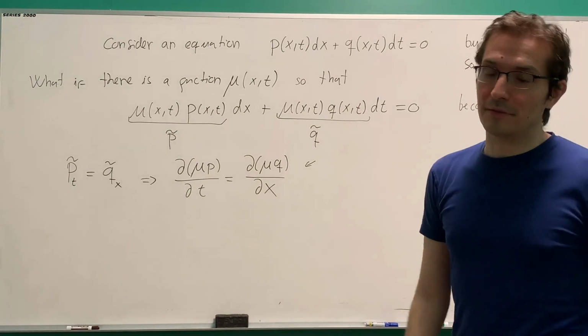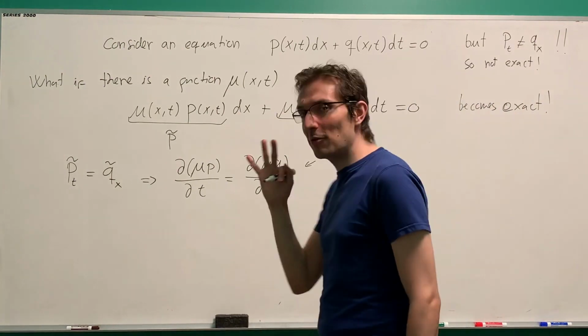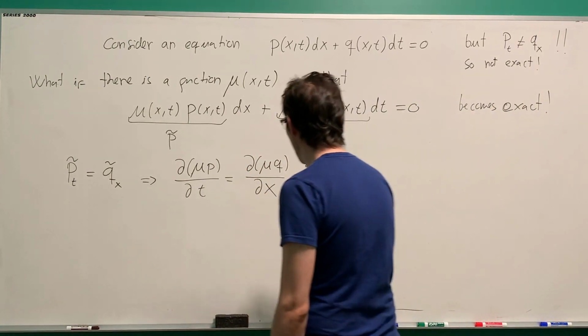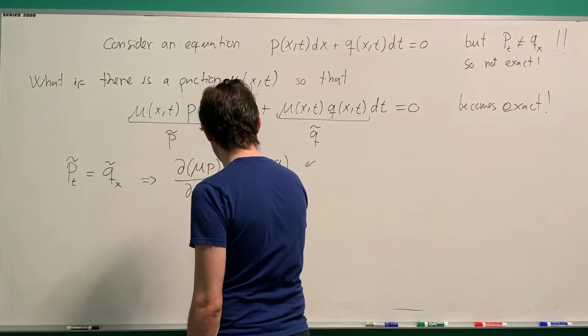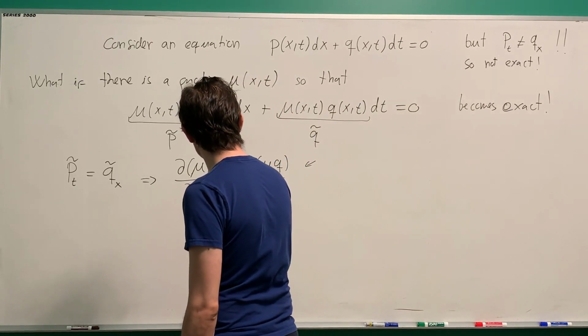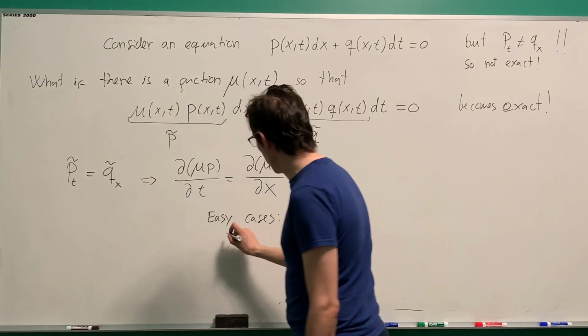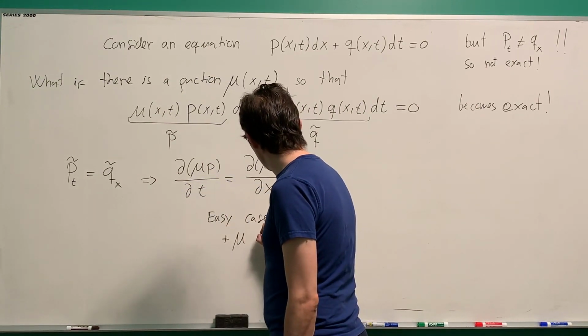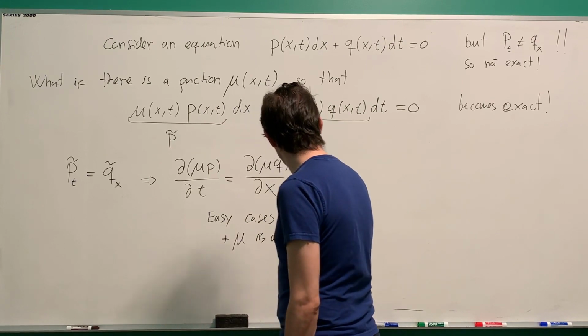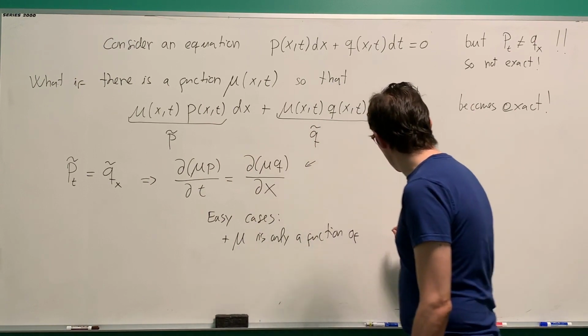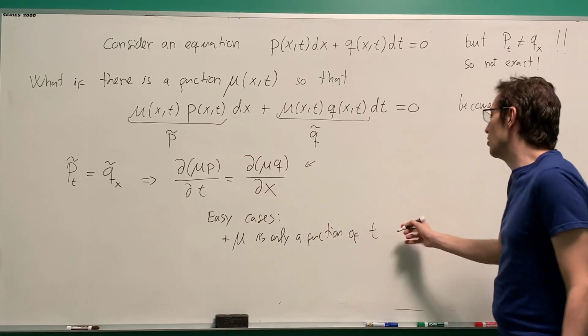Now, finding the mu that satisfies this condition, that's the condition that needs to be satisfied on the original equation, is in general difficult. But there are three cases that we will learn how to deal with in this course. Case number one is easy cases. All right, mu is only a function of t. I mean, not t always, right?